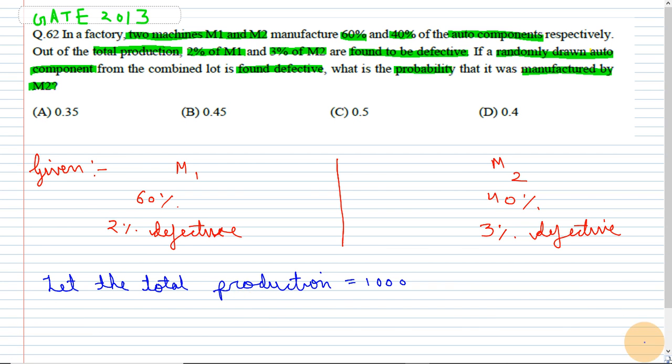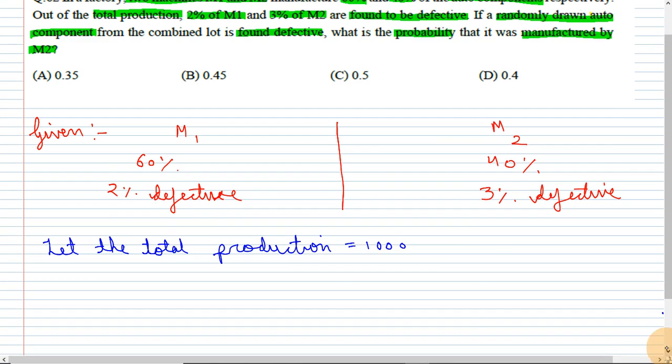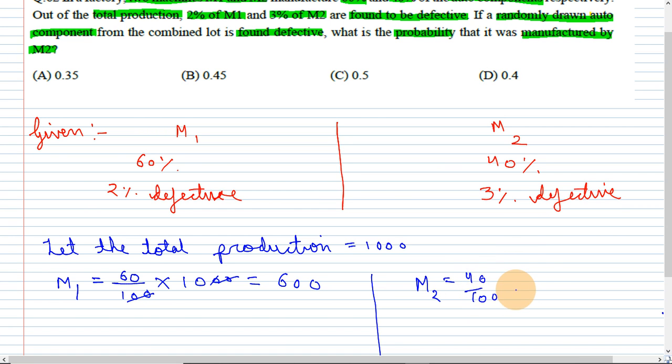According to this, M1 produces 60% of 1000, which comes to 600. And for M2, that is 40 by 100 into 1000, which comes to 400.